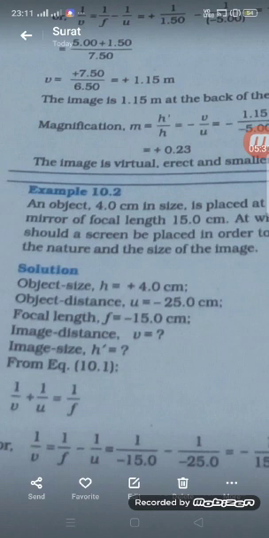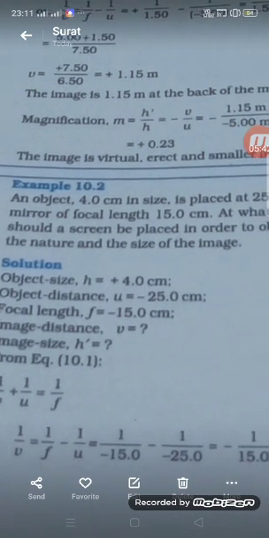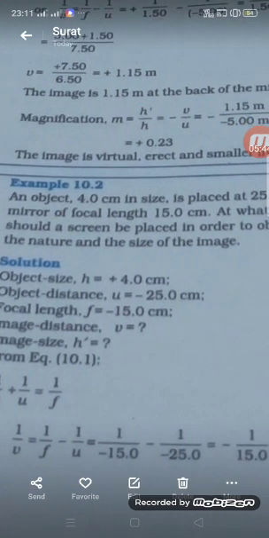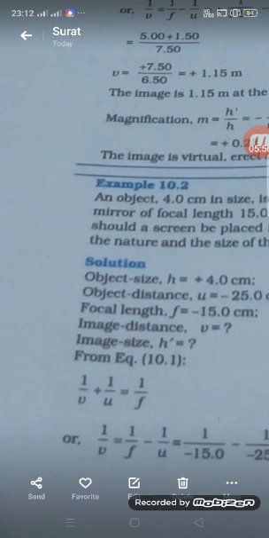An object 4.0 centimeter in size is placed at 25 centimeter in front of a concave mirror of focal length 15.0 centimeter. At what distance from the mirror should a screen be placed in order to obtain a sharp image? Find the nature and the size of the image. What is given here? First you write that.